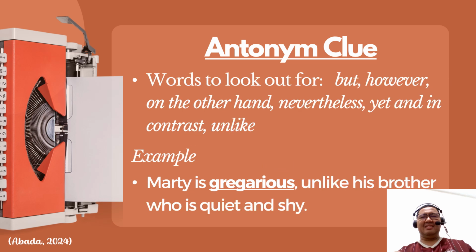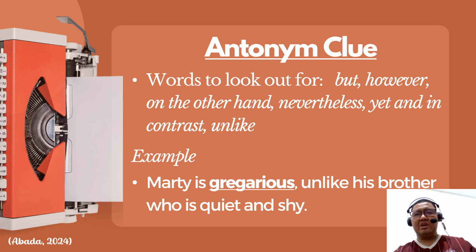Just like synonym clues, antonym clues also have words to look out for. The words are but, however, on the other hand, nevertheless, yet, in contrast, and unlike. For example, Marty is gregarious, unlike his brother who is quiet and shy.